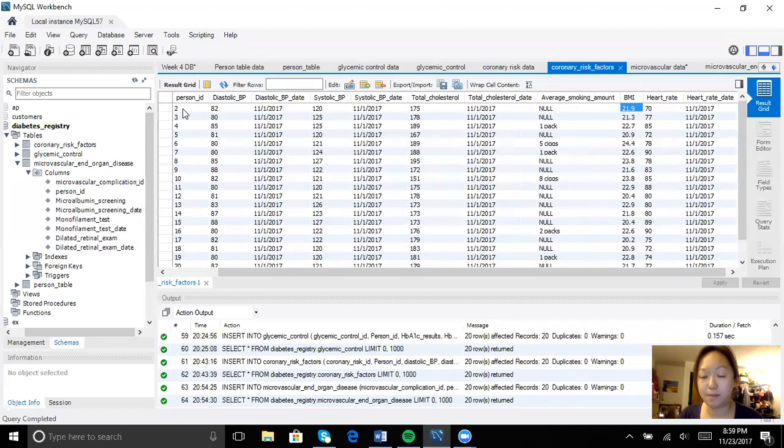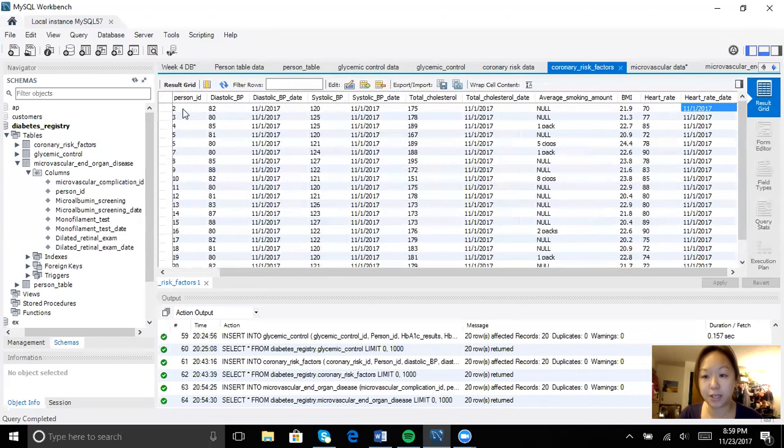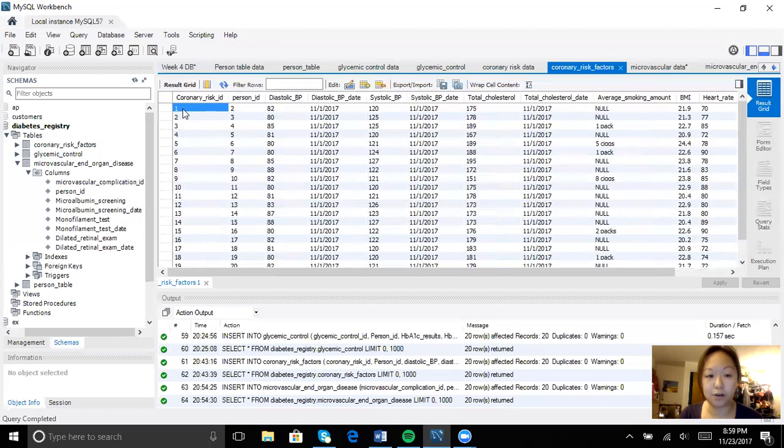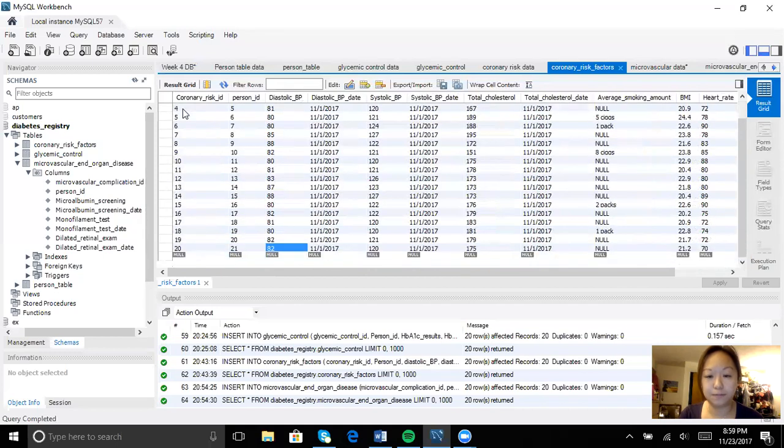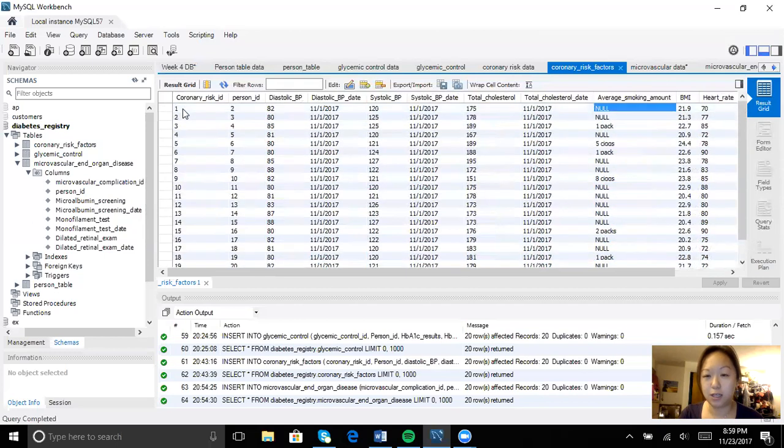I calculated the BMI and his heart rate at the time and the date it was done. So I have this data for our 20 people. And you'll see for smoking, I probably should put weekly, but like a pack a week, 5 cigarettes a week, 8 cigarettes, or 2 packs a week.